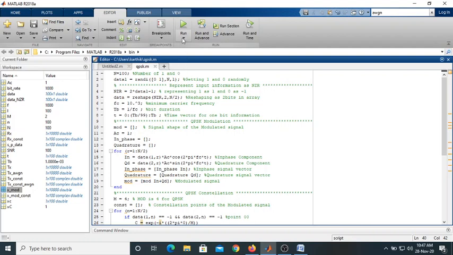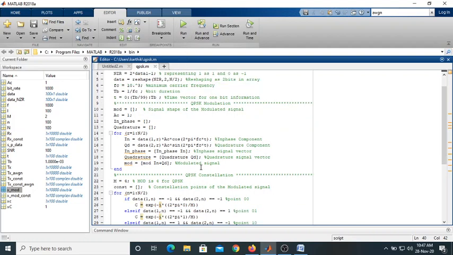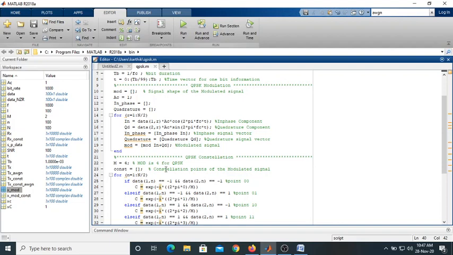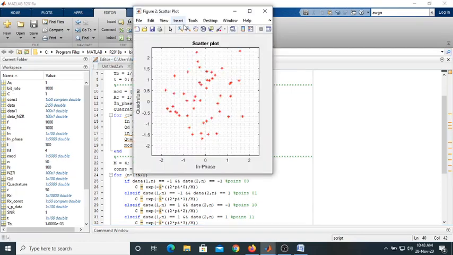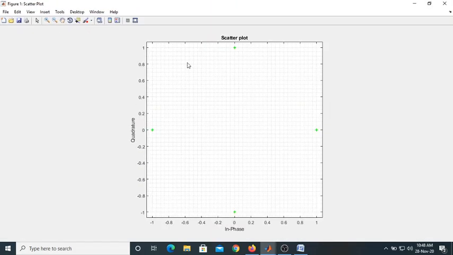In the same way, now it is for QPSK. Everything is the same; the only thing is we write in-phase and quadrature-phase parts. Now let us simulate this. This is the constellation of QPSK at the transmitter side.